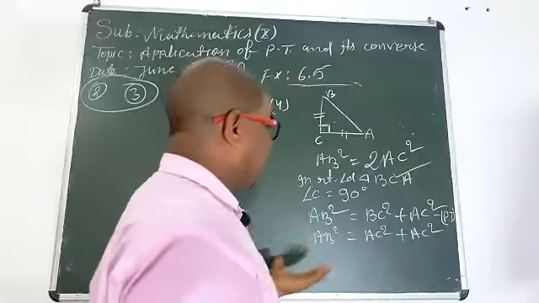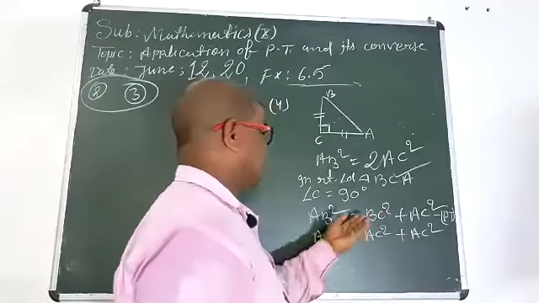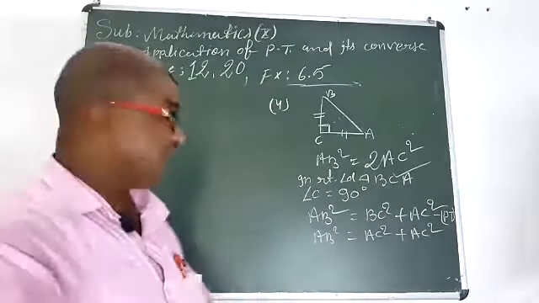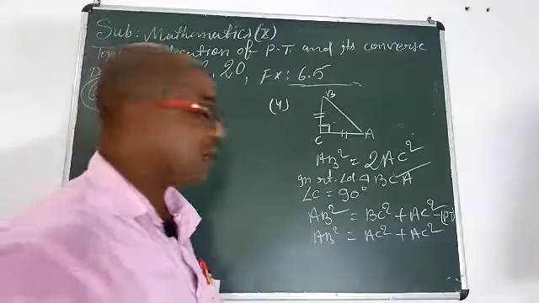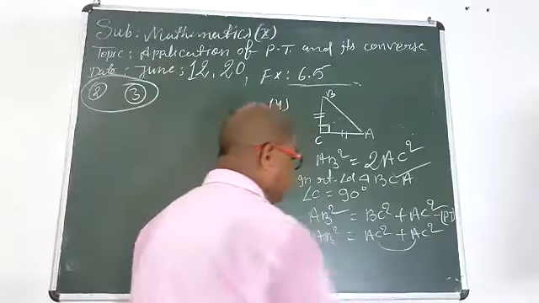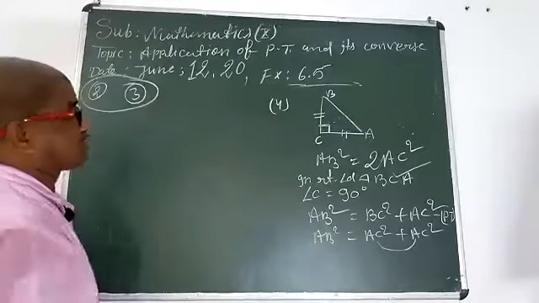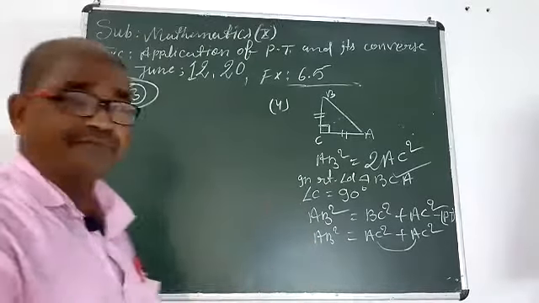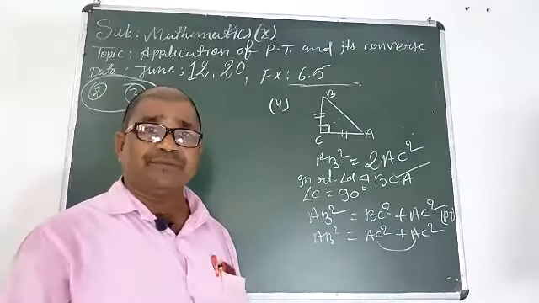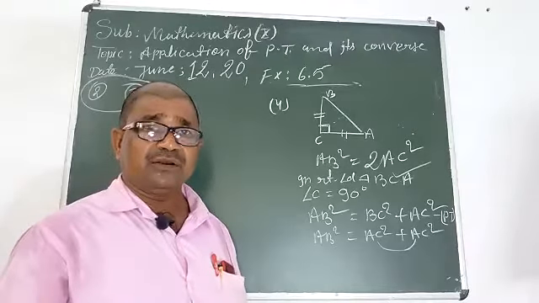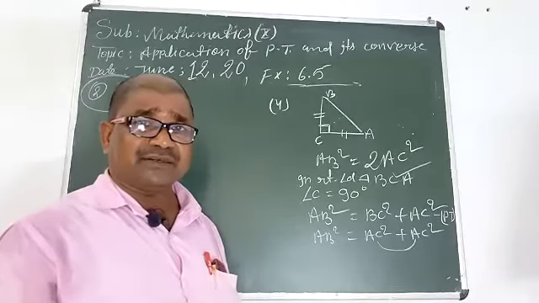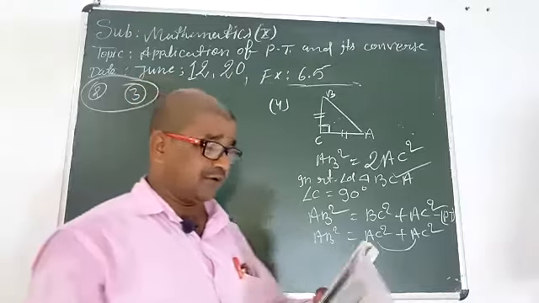So we can write AC square plus AC square instead of BC square plus AC square. Now they are like terms, so you can write AB square equal to 2AC square. Hence proved. Very good.